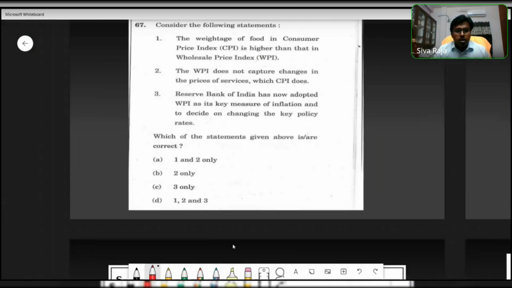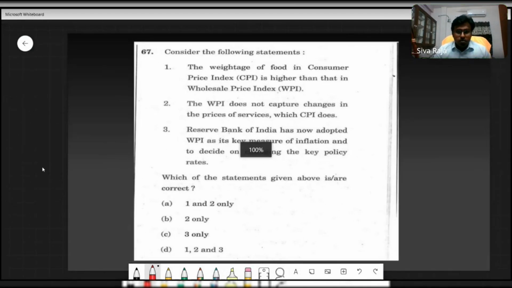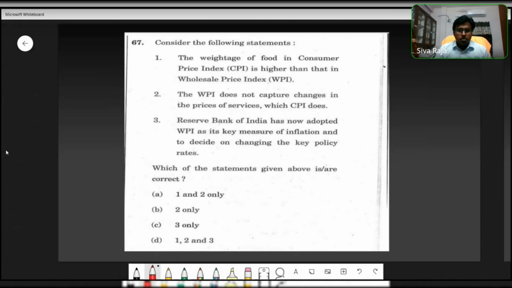But now you answer this question. Is this true? Weightage of... answer this.